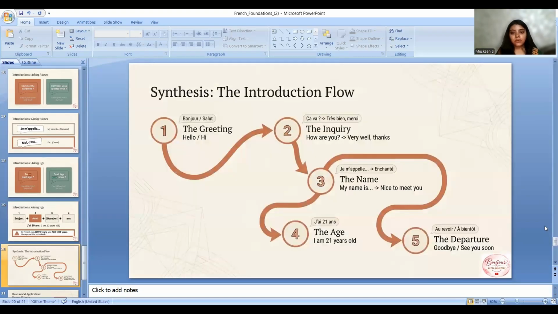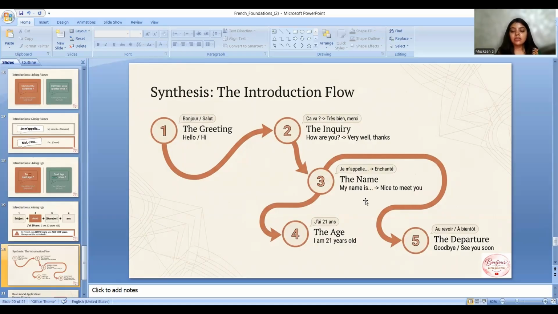Now the introduction flow. First of all, we will be saying bonjour, the greeting, which is hello and hi. Then we'll be saying ça va, or you can ask in a formal way as well. Ça va, and the answer you can say according to yourself. Here I've given très bien merci, very well, thanks.